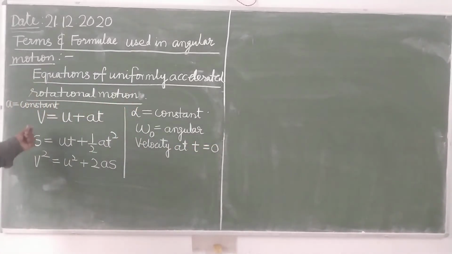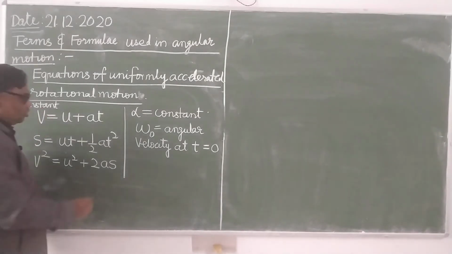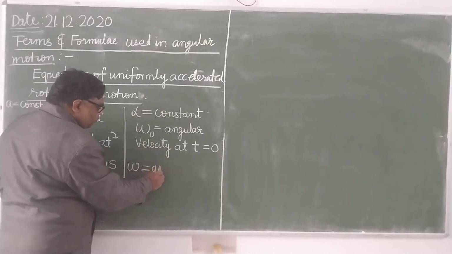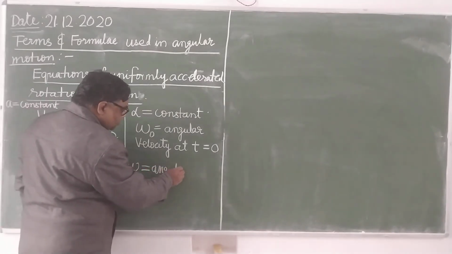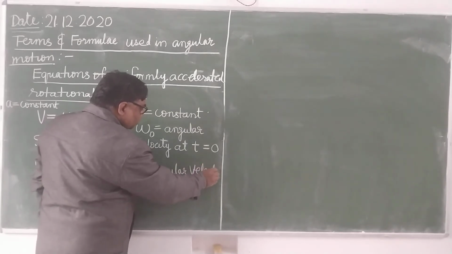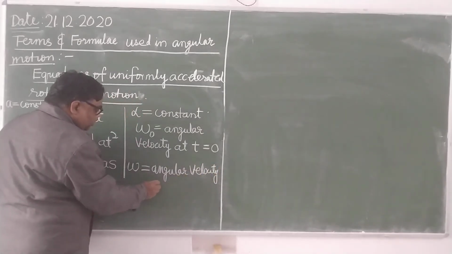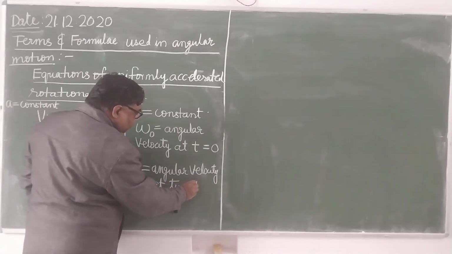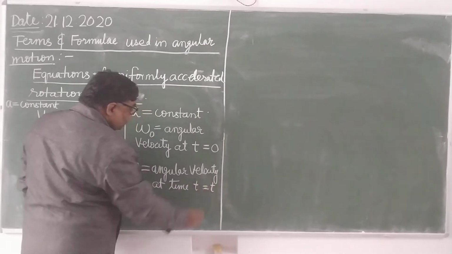Then what is v? It is the velocity after time t. So here we will take it as omega, the angular velocity at time t.